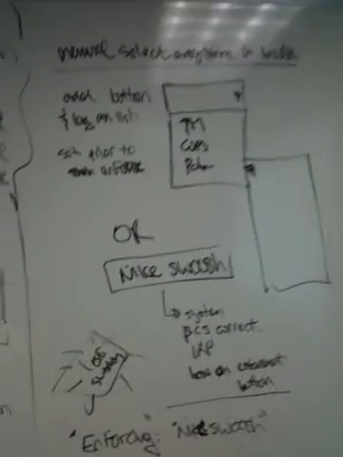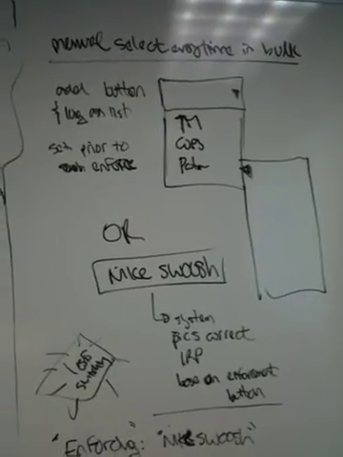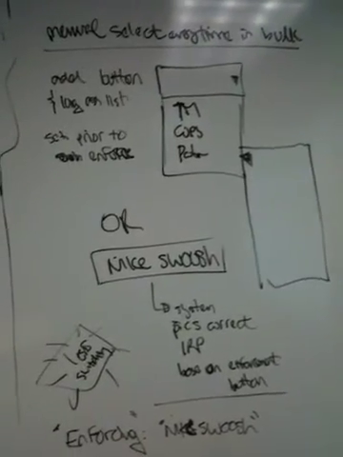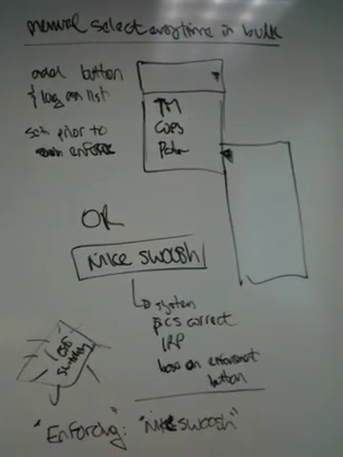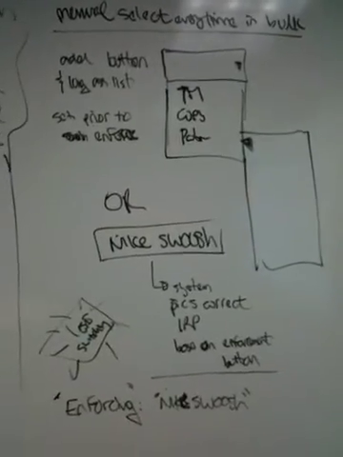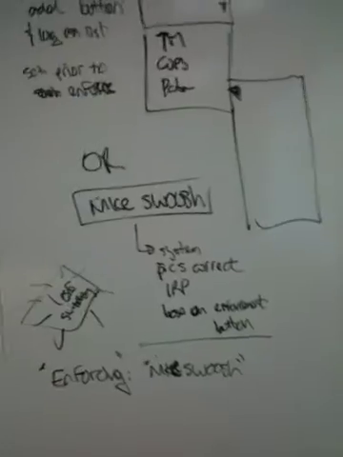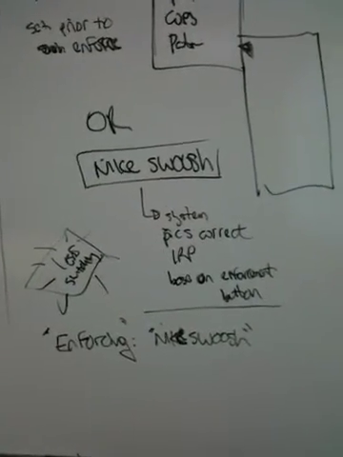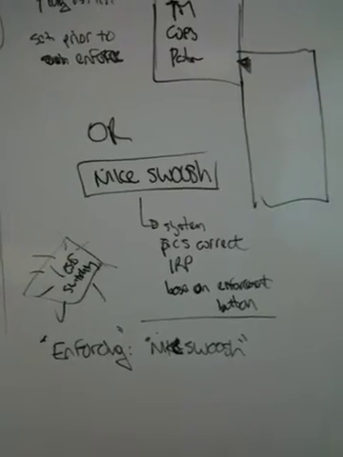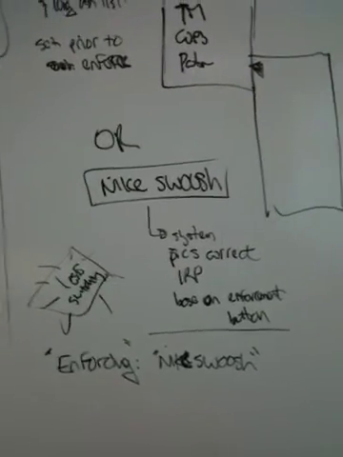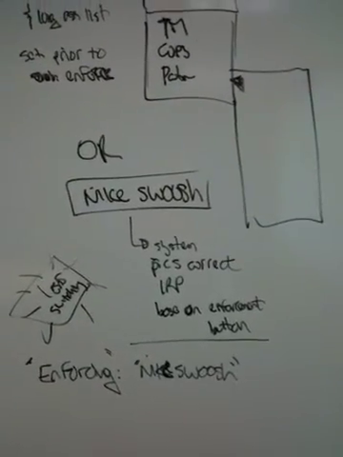The other option is more manual, and the idea is that it wouldn't be done at the scan level. We would be doing it in the results manager, and we'd have a setting basically that said, I'm enforcing Nike swoosh, and we'd have a pull down for the IPR you're enforcing.